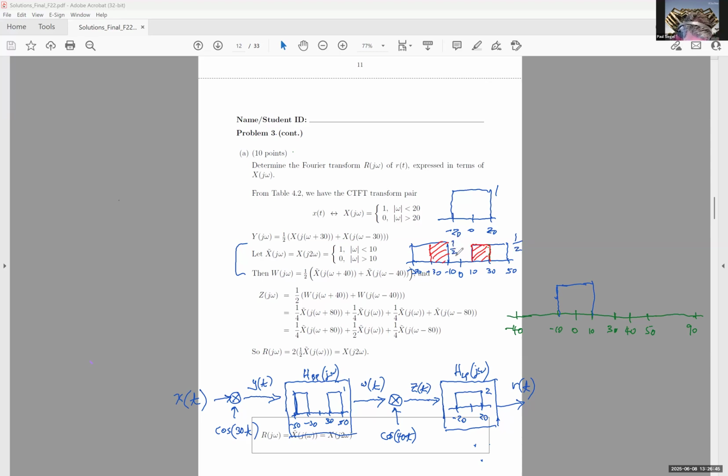Now we do the modulation again. So this is going to be minus 50 to minus 30 going to minus 10 to plus, did I do that right? Yeah, it's plus 10. And this is going to be multiplied by 1/4. This 30 to 50 is going to go way up here, 70 to 90.